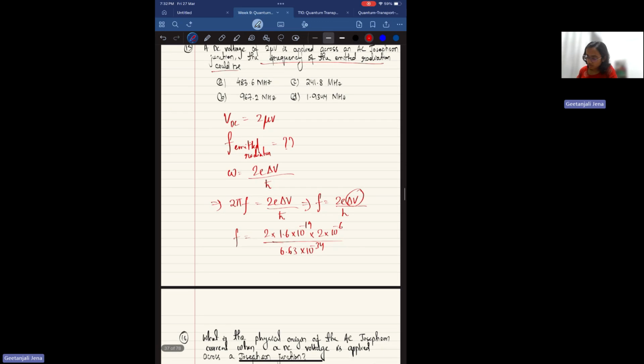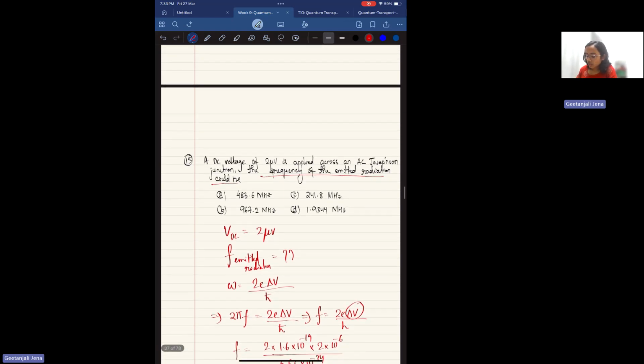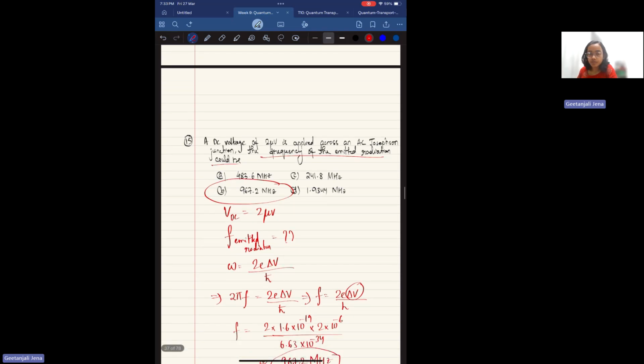This will give a value of 967.2 megahertz. So the frequency of the emitted radiation for this applied voltage will be option B.